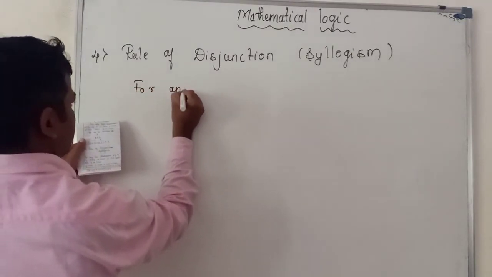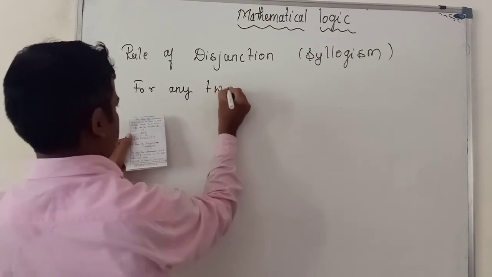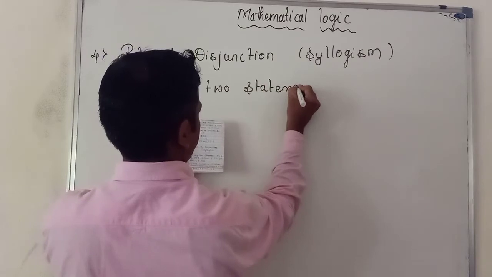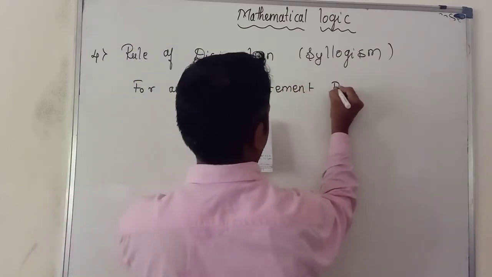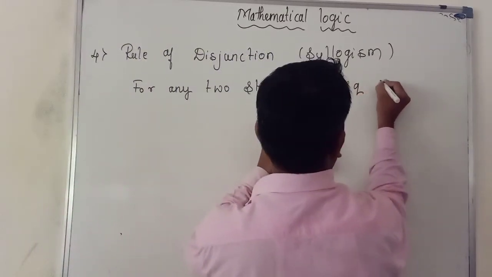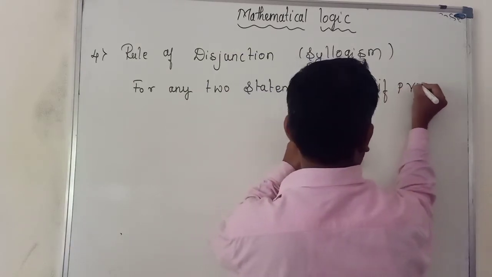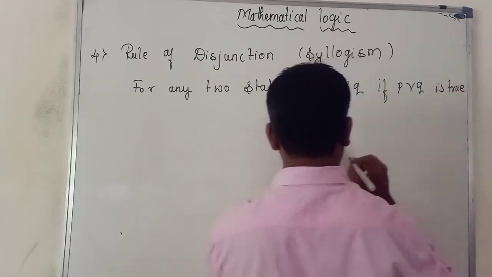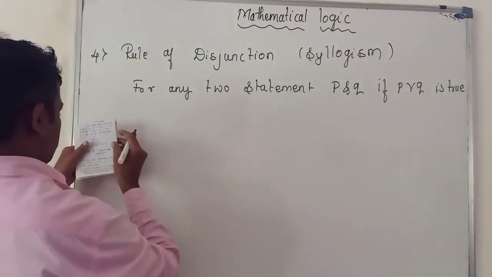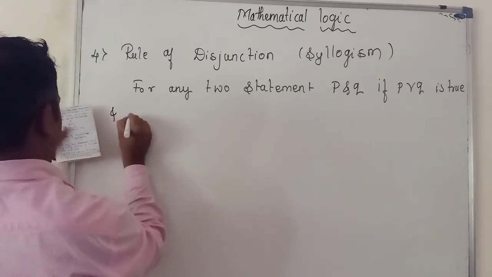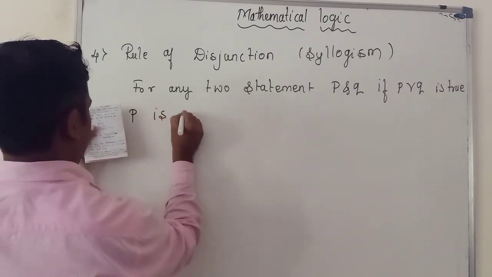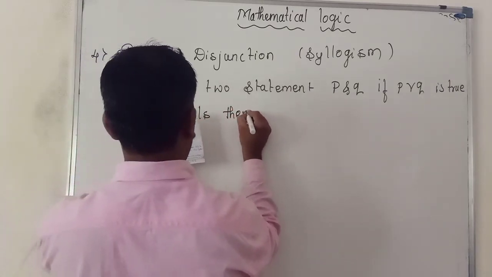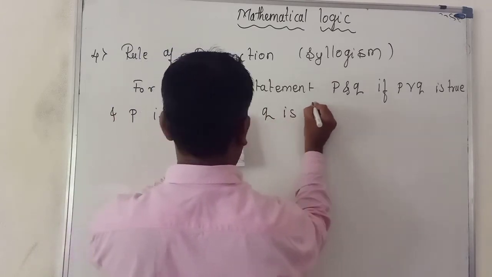For any two statements P and Q, if P or Q is true and P is false, then Q is true.